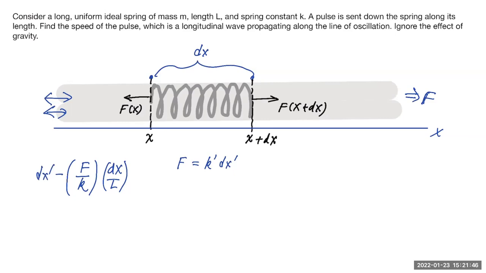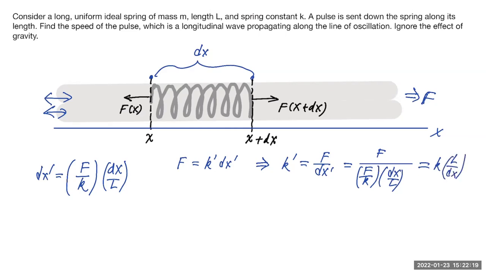Isn't that what we just got for the amount of stretch that belongs to this little segment? So I can then find K prime, the effective spring constant for this little segment. It is F over dx prime, and I know what that is. It is F divided by F over K times dx over L, and that equals K times L over dx.